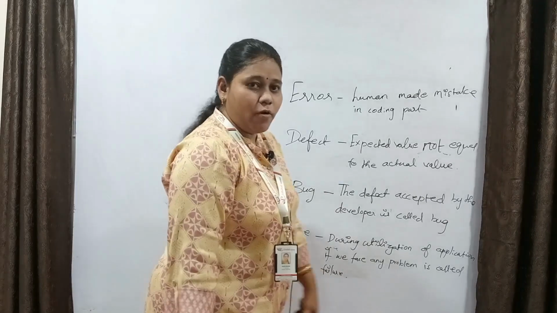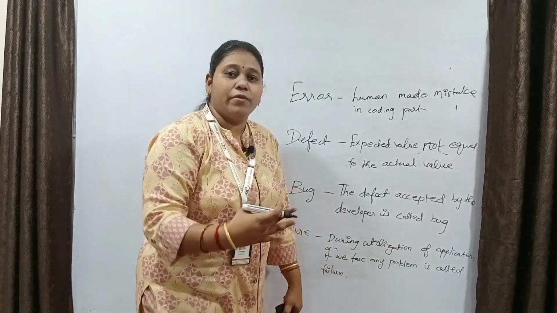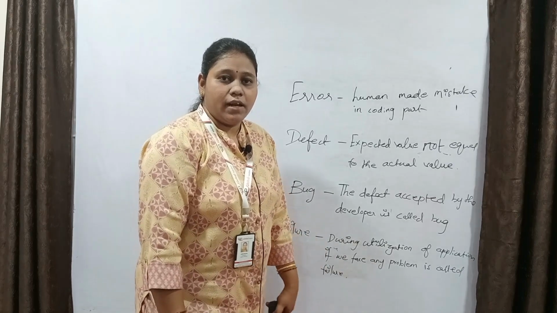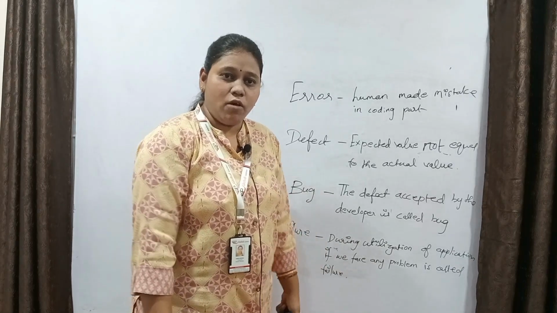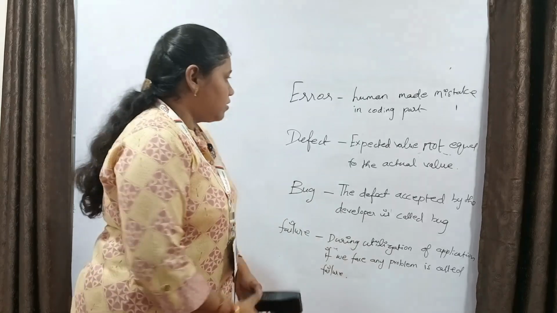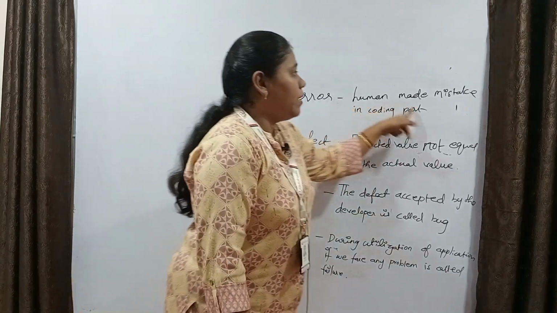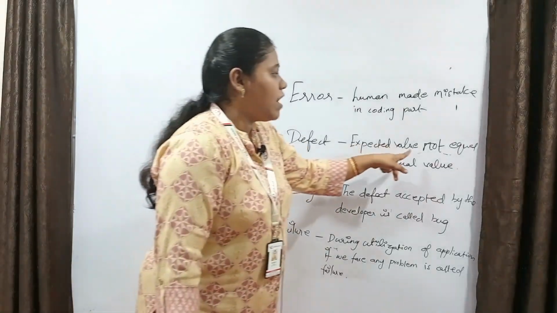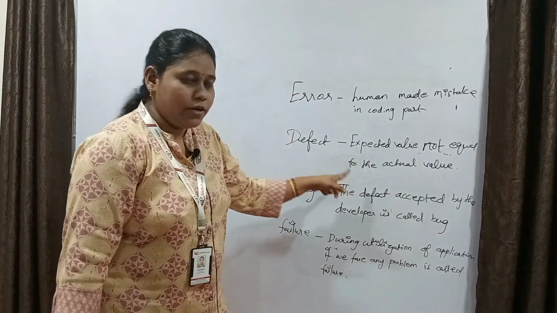If you buy an Oppo phone or anything, and during 2 months of use the phone is not working, some problem happens, that is called a failure. So error means human made mistakes in coding part. Defect means expected value not equal to the actual value.